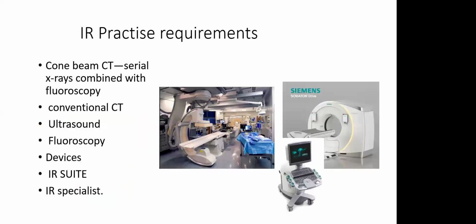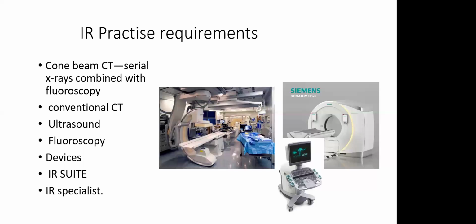IR practice requirements: we need cone beam CT, which takes serial X-rays combined with fluoroscopy. We also require conventional CT, ultrasound, a fluoroscopy machine, and the devices, and the IR suite, and then the specialists themselves.